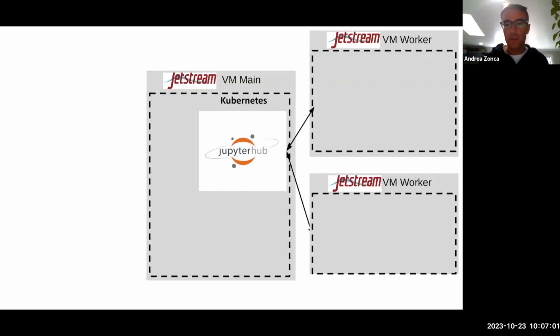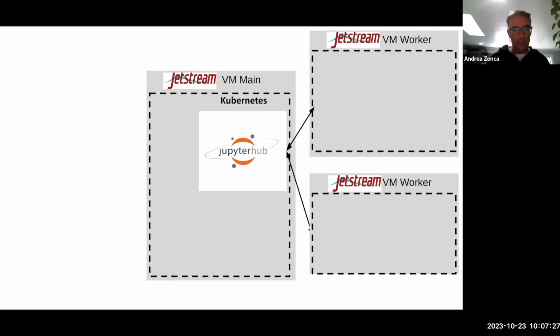These virtual machines have a Docker environment. And once we have created the Kubernetes environment, Kubernetes basically federates all these resources together and gives us a way of launching containers that run specific services.